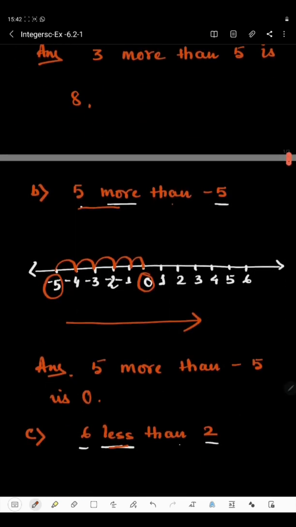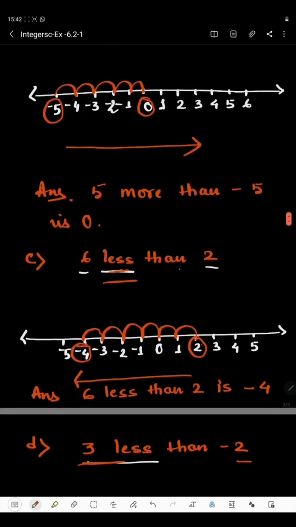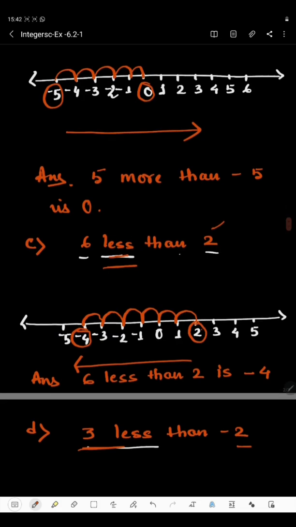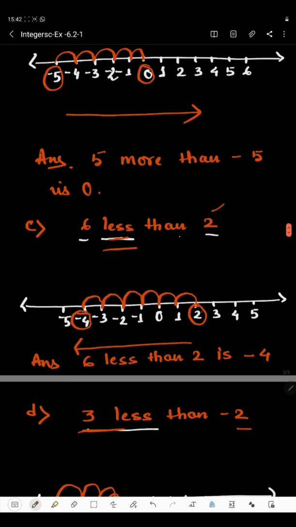When less is given, like in this case, we will have to start from 2, because we need to find the integer 6 less than 2. We start from 2 and move 6 steps to the left of 2, so we reach minus 4. This way we use the number line to find the integer.